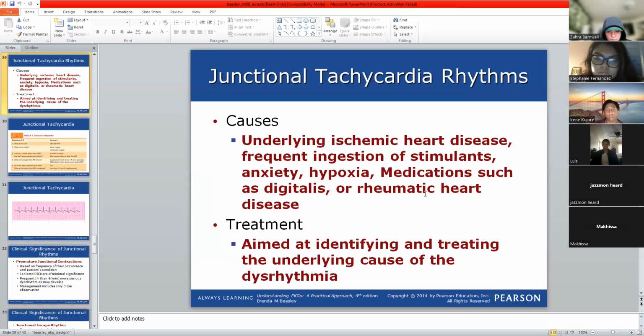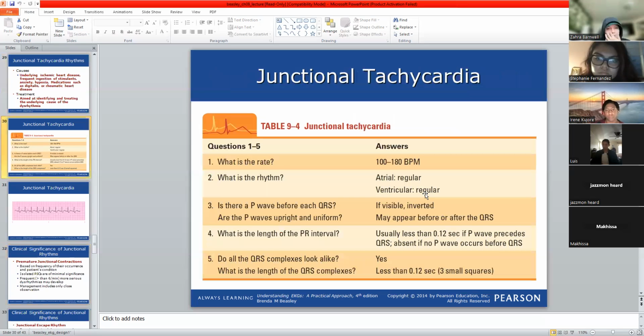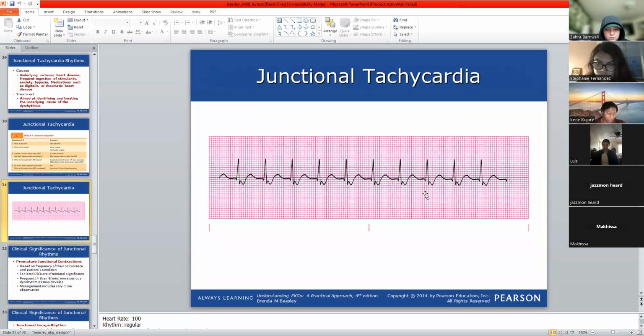It has a character with the junctional, so we can say that this is paroxysmal tachycardia. And here, the tachycardia description, according to our knowledge, is in this table. The heart rate will exceed 100, up to 180 beats per minute, and you see all the changes which we mentioned. Let us look at this one.